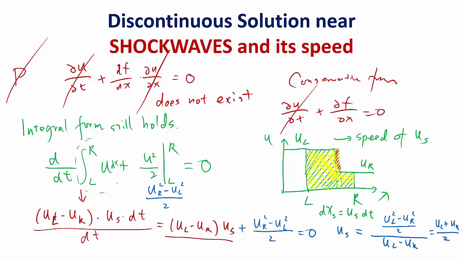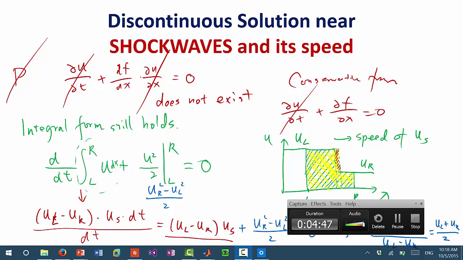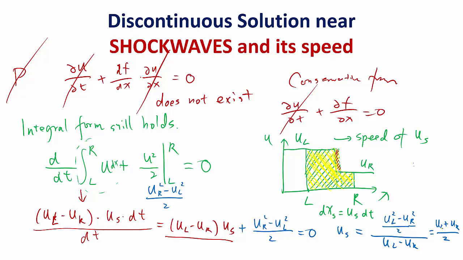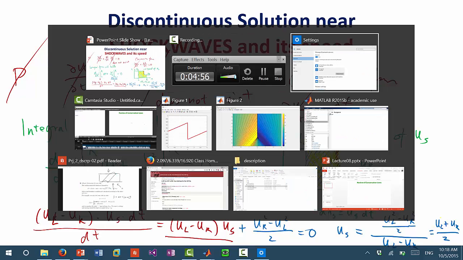The speed of the shockwave, from this formula, is equal to the average of the solution on the left and on the right of the shockwave.